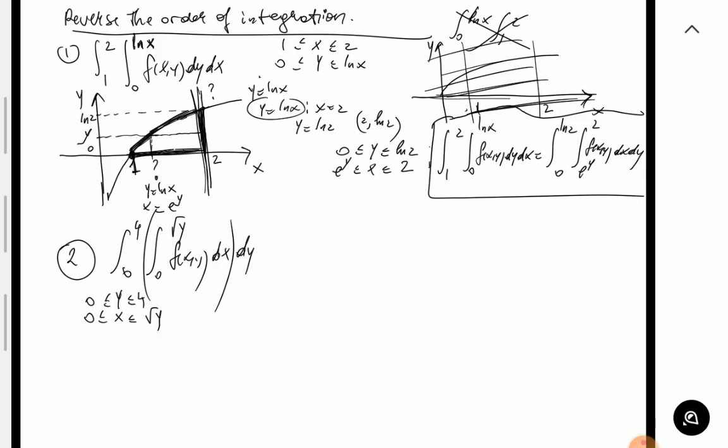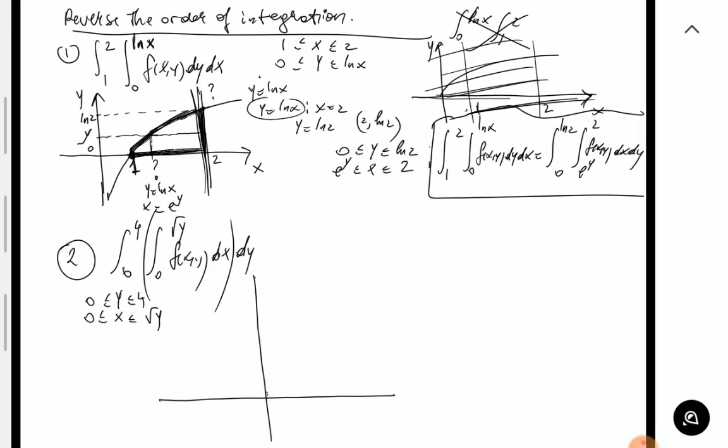Let's sketch it here. x equals square root of y is basically the same as y equals x squared, right?